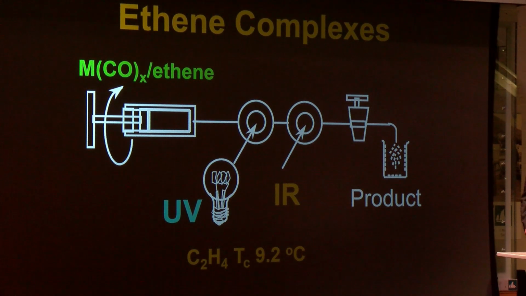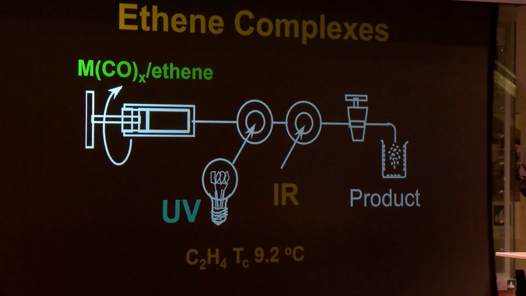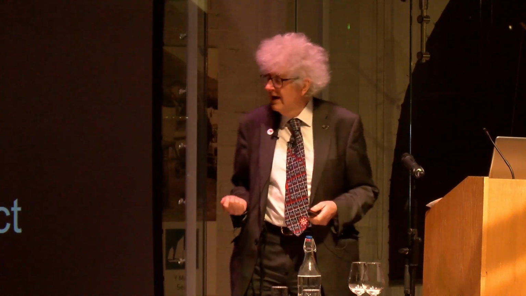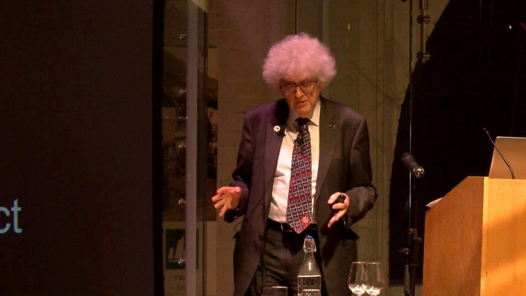And the problem is that you can make these compounds in solution, but as soon as you try and evaporate the solvent, the ethene comes off and the compound decomposes. You sort of lose the baby with the bathwater, if you like. And my idea was that if you did this reaction in very high pressure ethene, then if the ethene came off, it would go back on again, or another one would go on again.